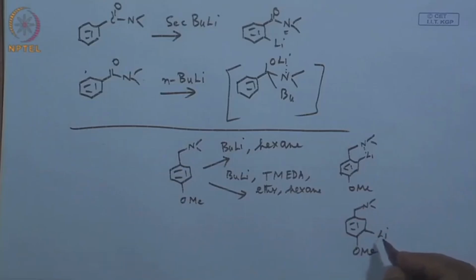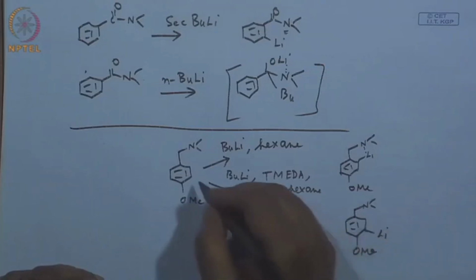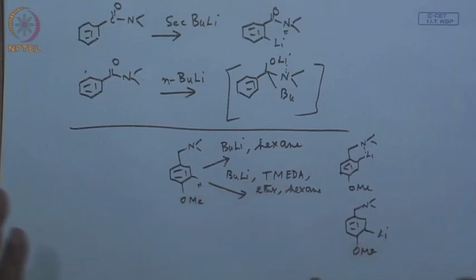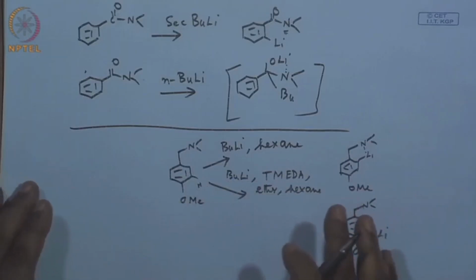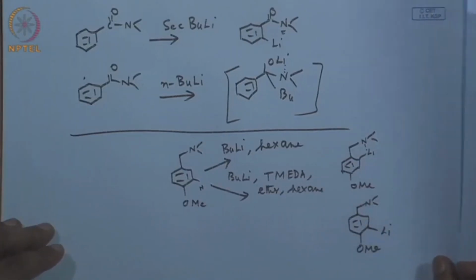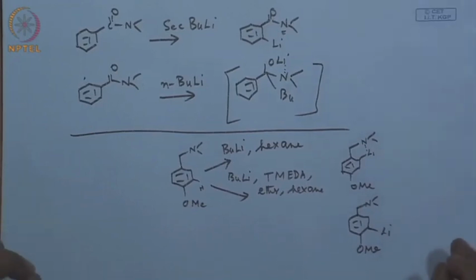The coordination is there, but this may not be intermolecular coordination. It is primarily the higher acidity of this hydrogen adjacent to the oxygen that could be the driving force. Sometimes these arguments are not really acceptable, but it is a useful working guideline. So, lithiations are dictated by two important things. What is that?